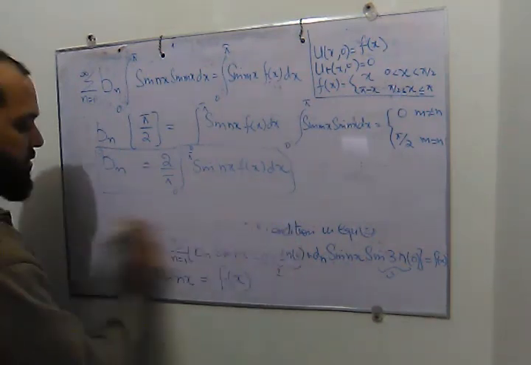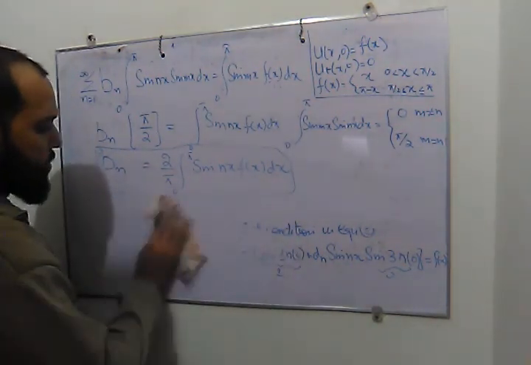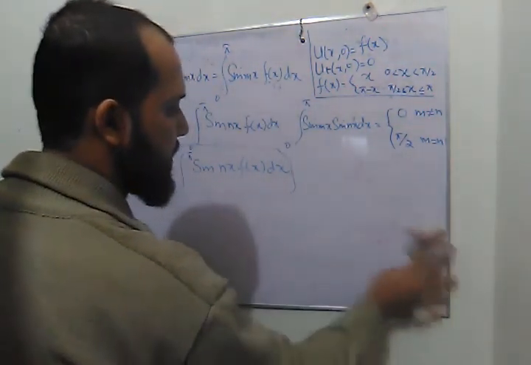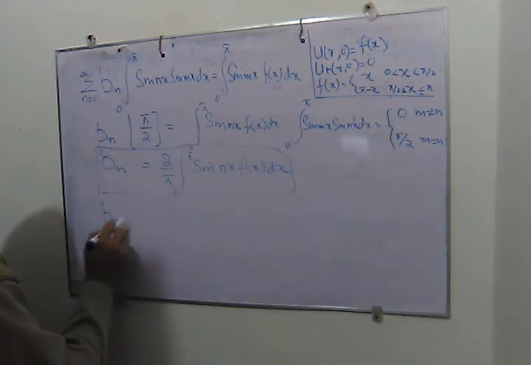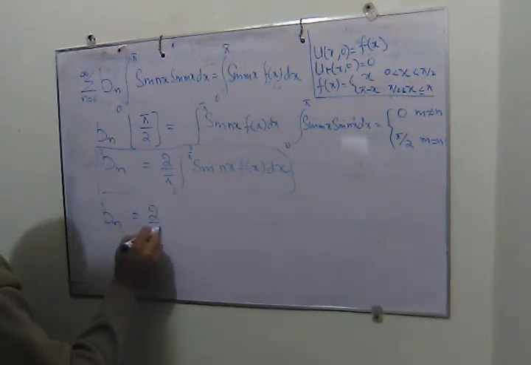Now we can put the value of f(x) for the different limits. So we have Bn equal to 2 upon pi.